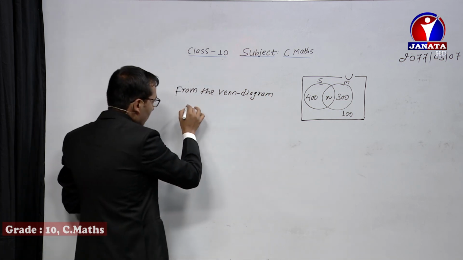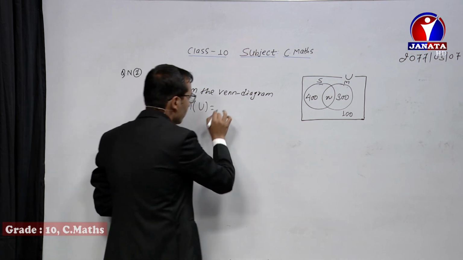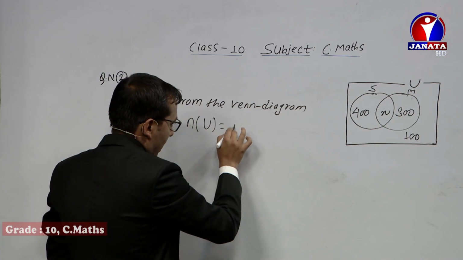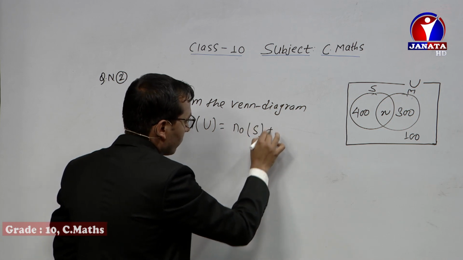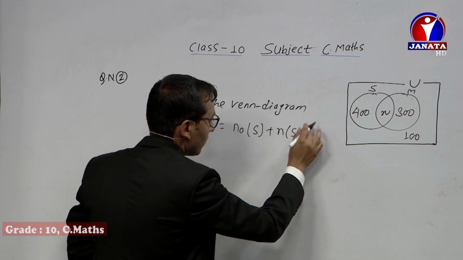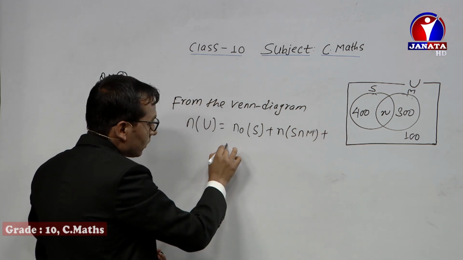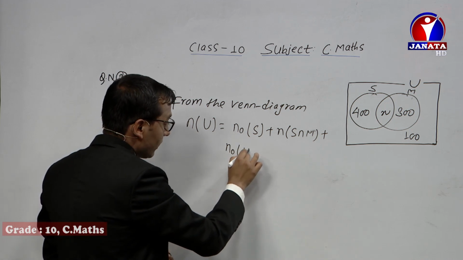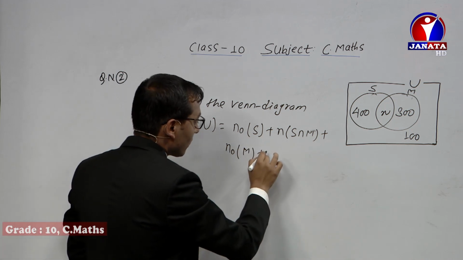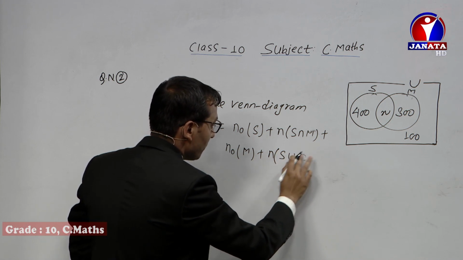From the Venn diagram, what is n of U? n of U is n only S plus n of S intersection M plus n only M plus the complement, (S union M) complement.